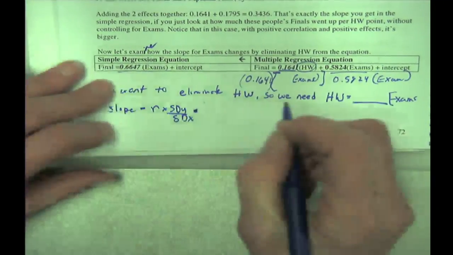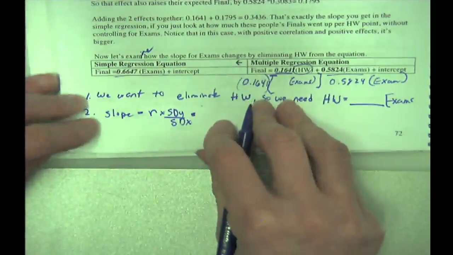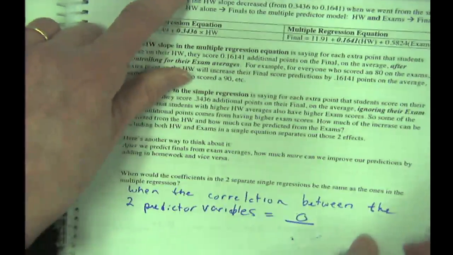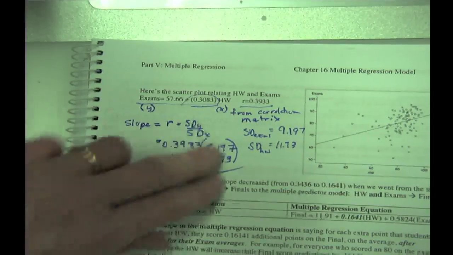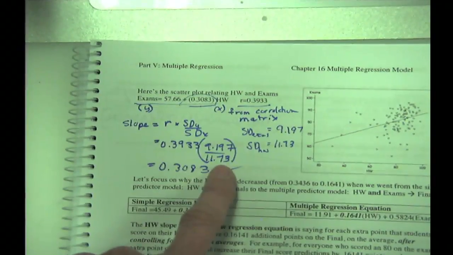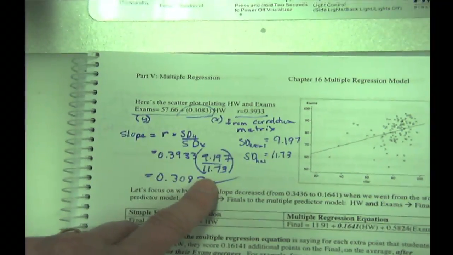So this is going to be what? Instead of this, it's going to be 0.3933 times, we're just switching SDY and SDX.